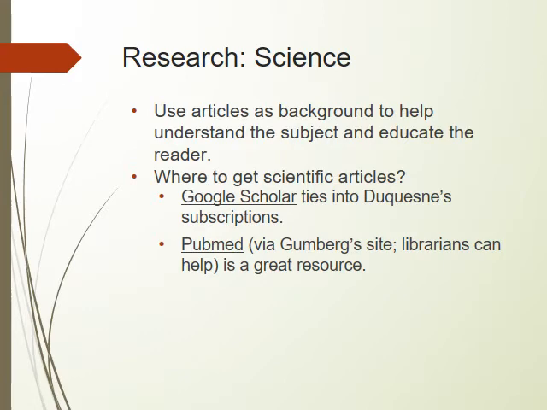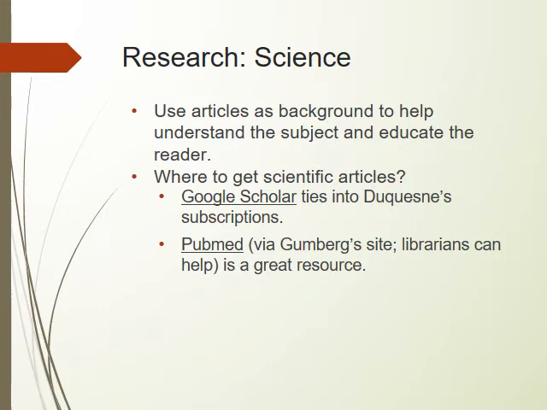Now, where do you get scientific articles? There's two great places to find them. First, Google Scholar. If you're signed up under Duquesne and go in a university browser to scholar.google.com, you can just do plain language searches there.